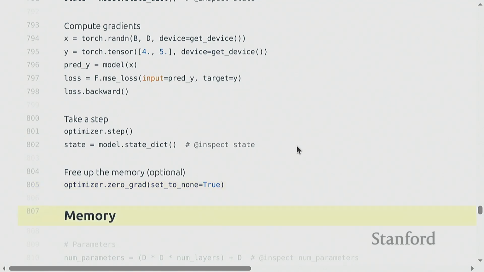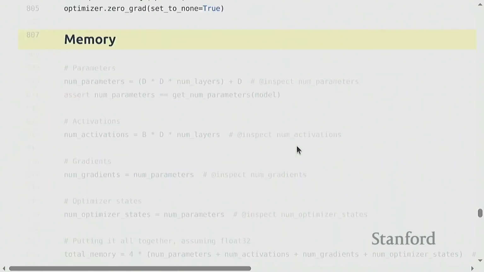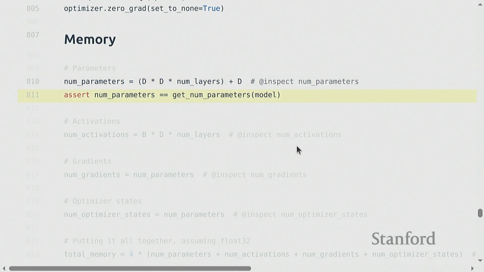Okay, so let's talk about the memory requirements of the optimizer states, and actually basically everything at this point. The number of parameters in this model is d squared times the number of layers, plus d for the final head. The number of activations is something we didn't do before, but for this simple model it's fairly easy: it's b times d times the number of layers.